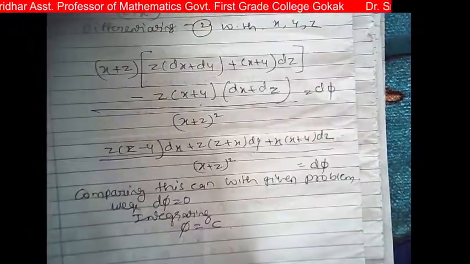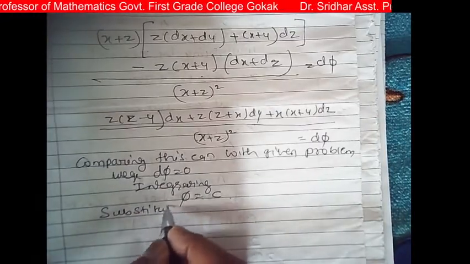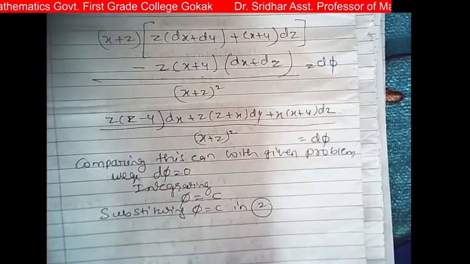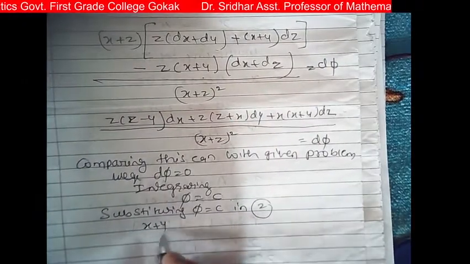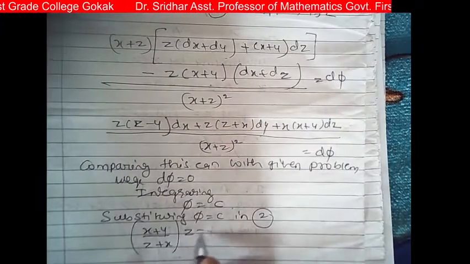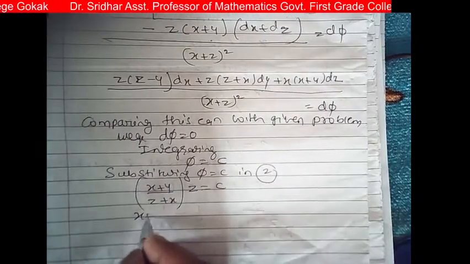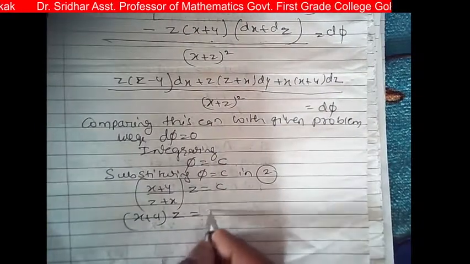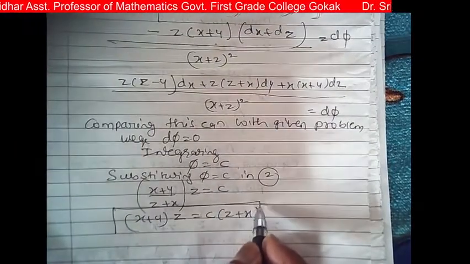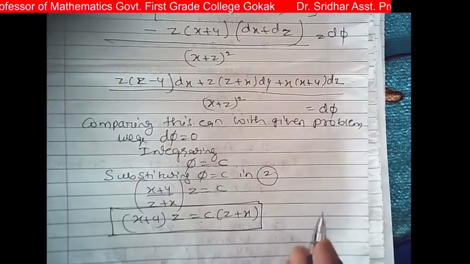So substituting phi equal to c in equation 2, we get x plus y divided by z plus x into z is equal to c, or cross multiplying, x plus y into z is equal to c into z plus x. So this is the solution of the given equation.